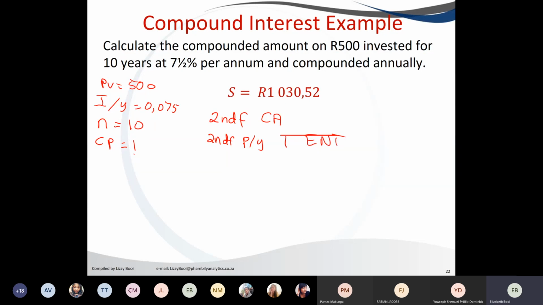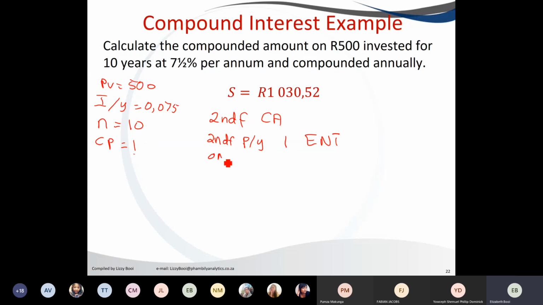The reason why I want you to always put the compounding periods, even if the compounding period is 1, is so that you always remember that the first step for doing any calculation is to put in the compounding periods, because if you forget to do this, your calculations will be wrong. So always remember to put in the compounding periods, even if it's 1.